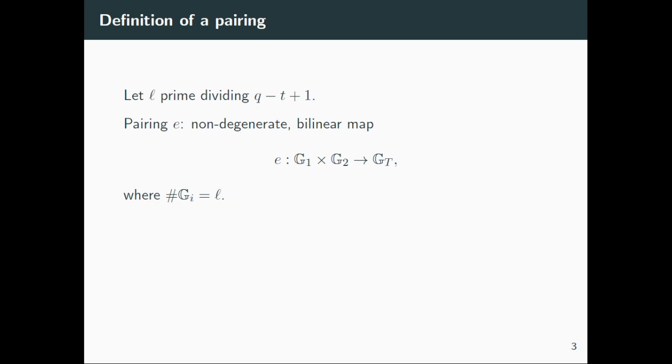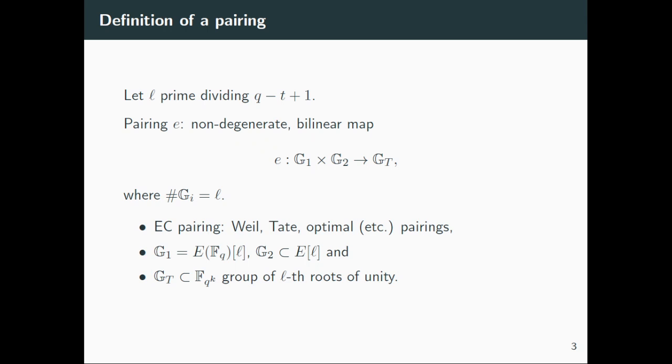A pairing e of order L is a non-degenerate bilinear map e from G1 times G2 to GT, where all G_i are groups of order L. Over elliptic curves, pairings are usually instantiated as Weil or Tate pairings, for instance.